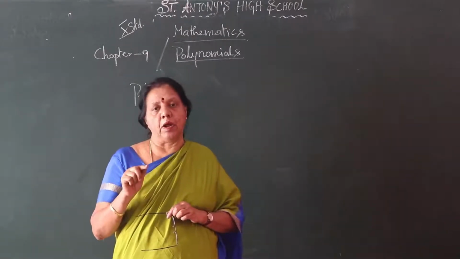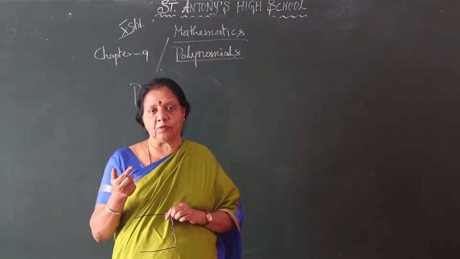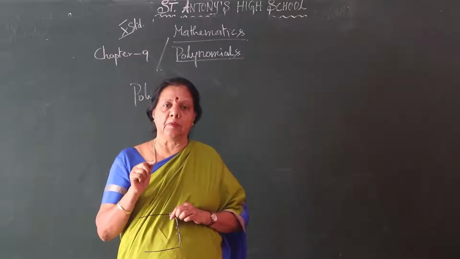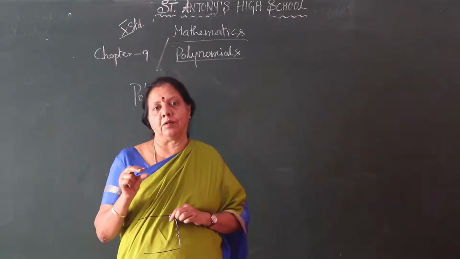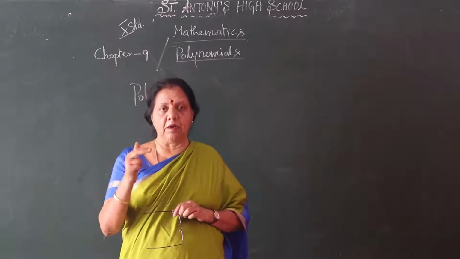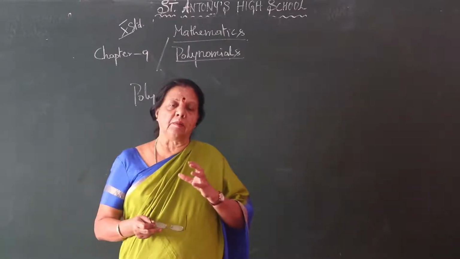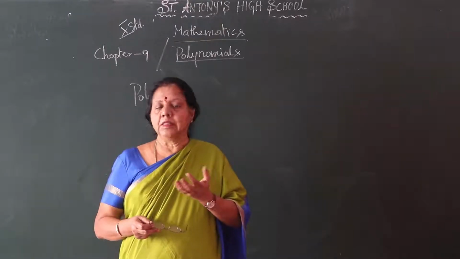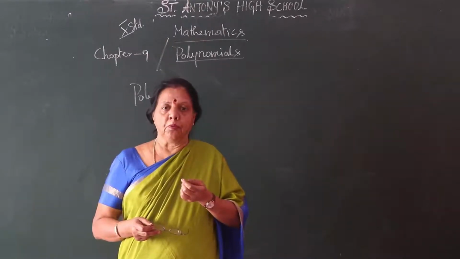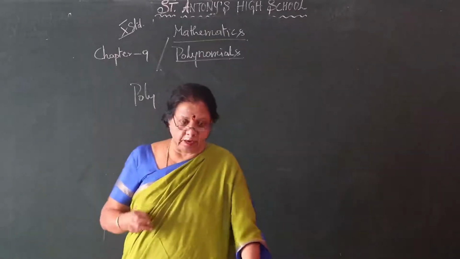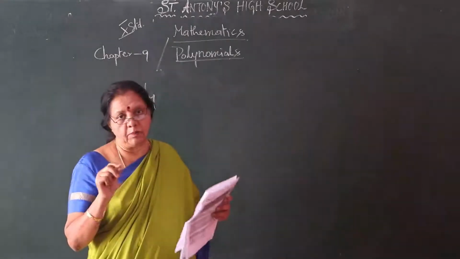Poly means number of, nomial means terms. You have solved so many problems under algebra, but you may not recall what is what. Here, in the introduction part, I am giving repetition of all the terminology. This is not new to you. Let us go one by one, in a very simple way: polynomial, number of terms.